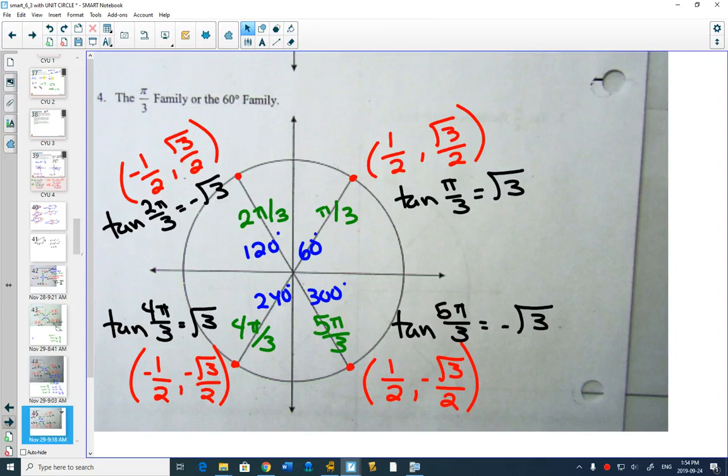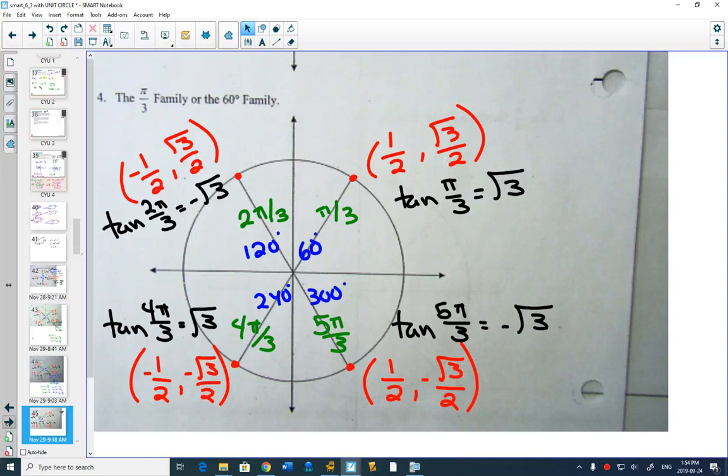Well, there are all the values so that you can check to see how you did. And we can do some mental math. What's tan of 240 degrees? Parker, you get to pick the next volunteer?